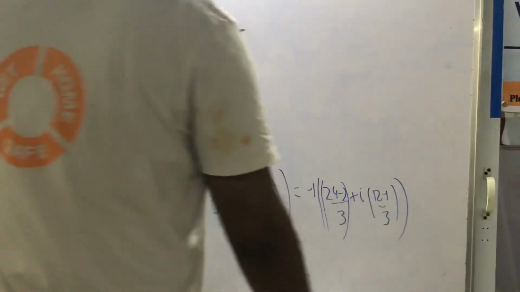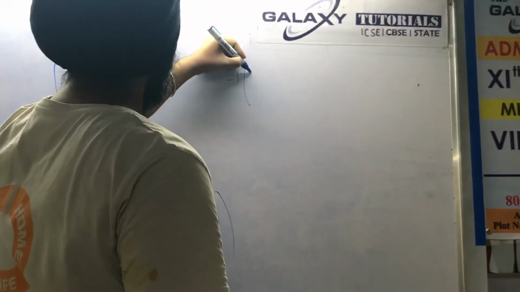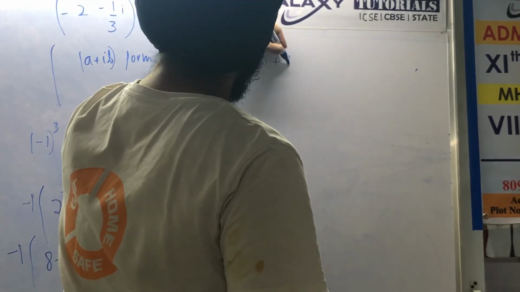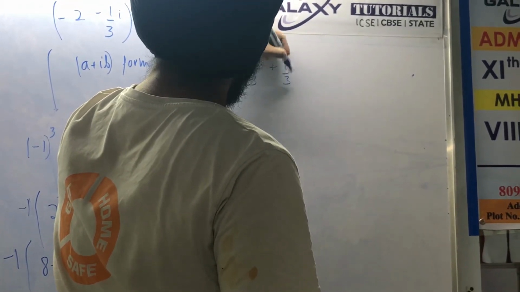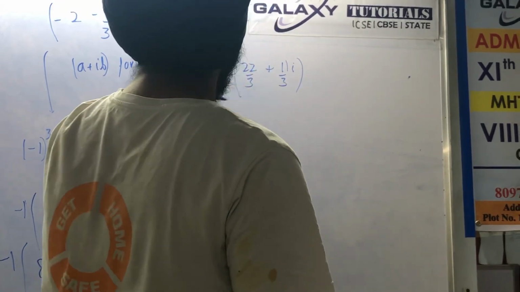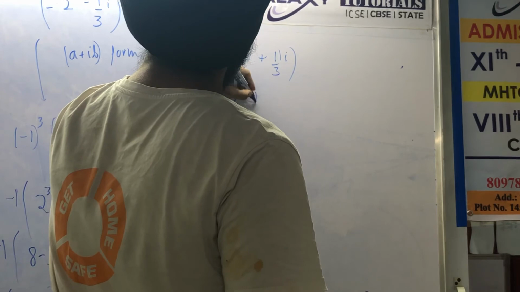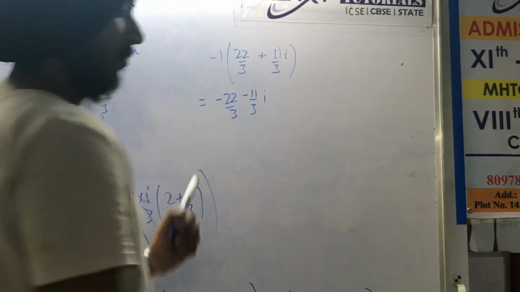Okay, this I will write here. Minus 1 into 22 by 3 plus 11 by 3 iota. Open the bracket. Minus 22 by 3 minus 11 by 3 iota. This is the answer.